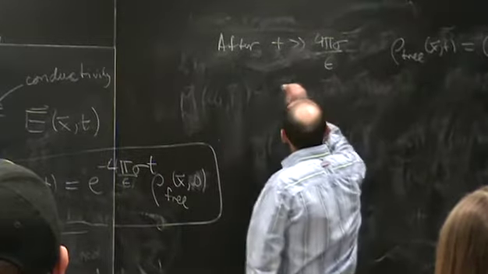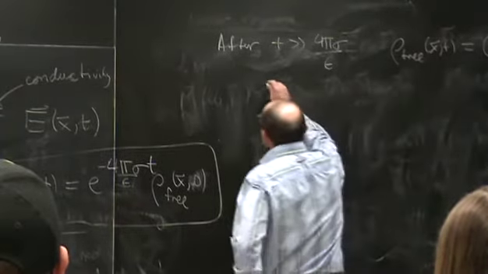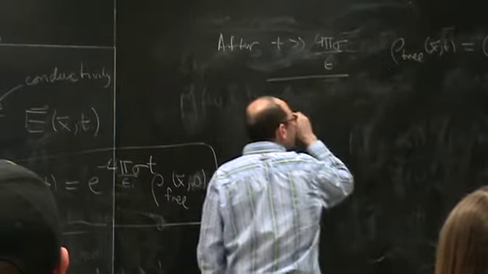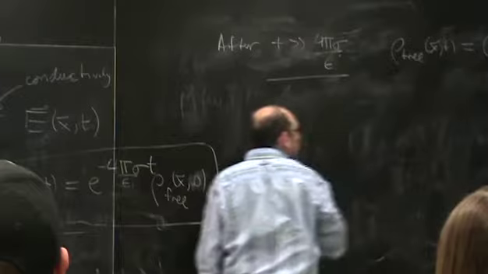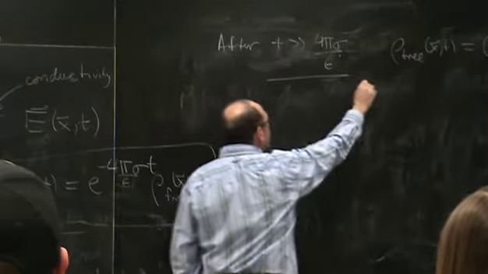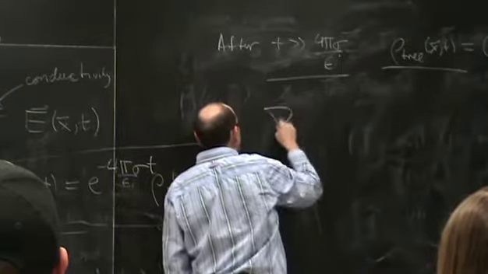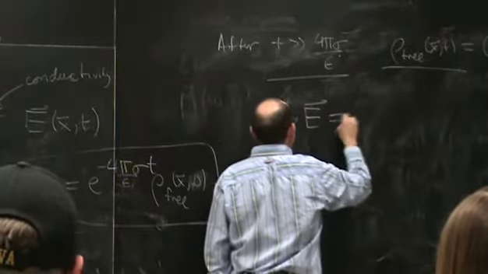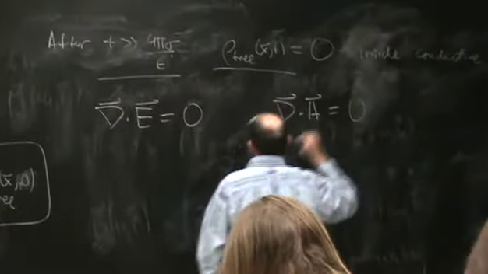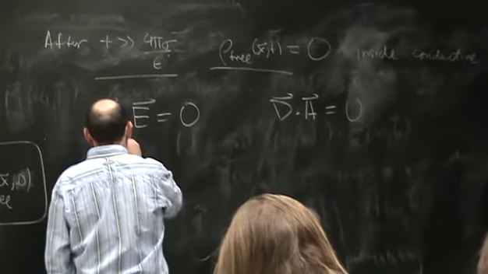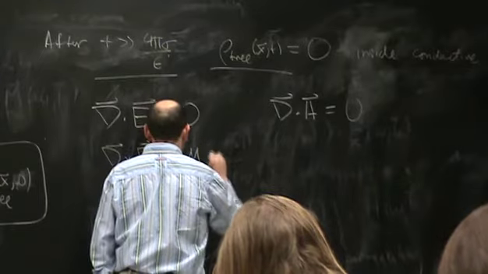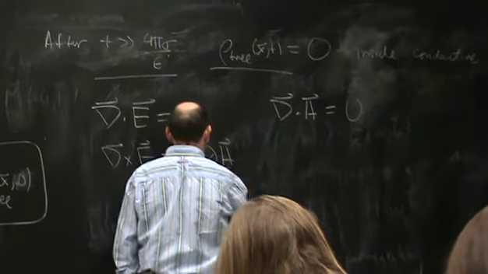So, with that said, if we make the assumption, we have the Maxwell's equations after this time scale inside the conductor, and that time scale can be very short. So now, including this assumption, we still have del dot E is 0. We have del dot H is 0. We have del cross E is minus mu over c dH/dt.